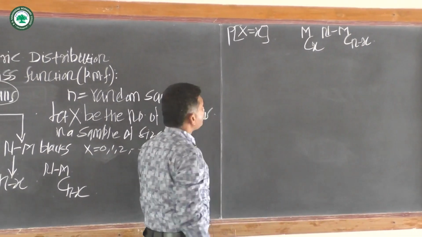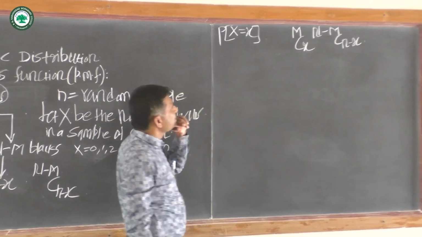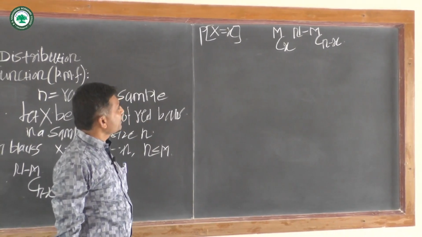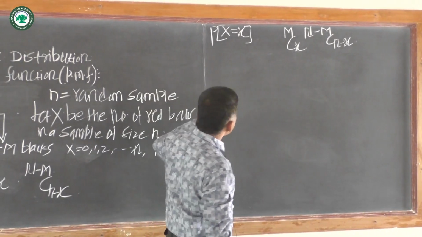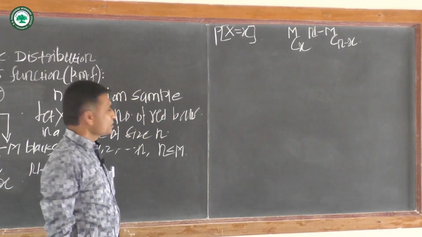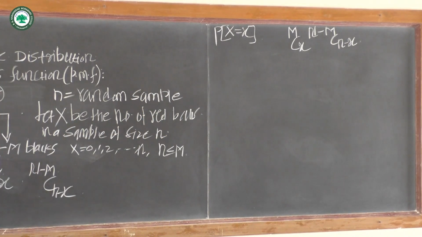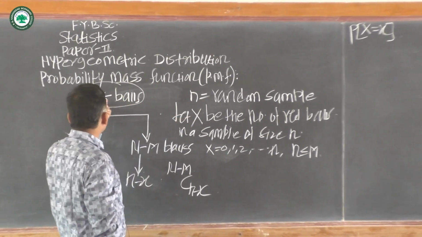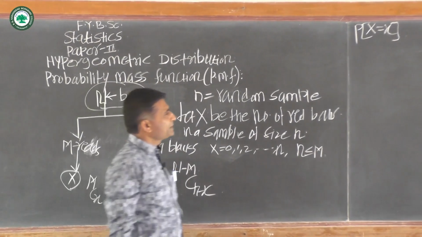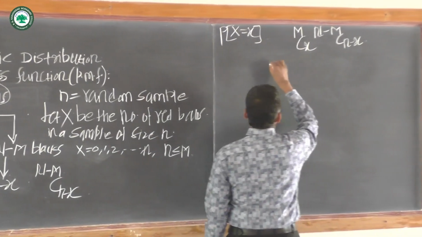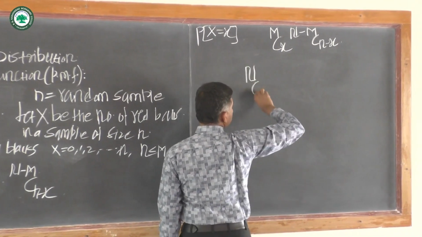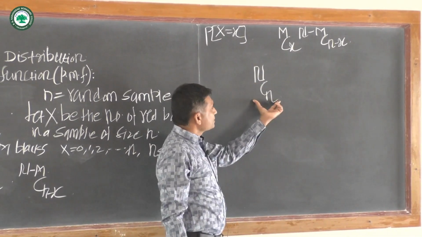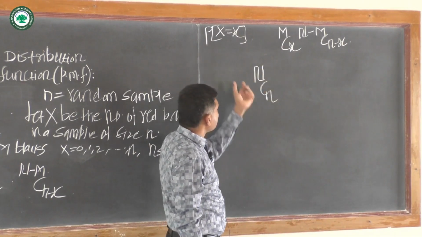Now, in all there are small n balls in a sample. Then the small n balls can be drawn from capital N balls in NCn ways. This is the number of ways of drawing small n balls from the capital N balls.